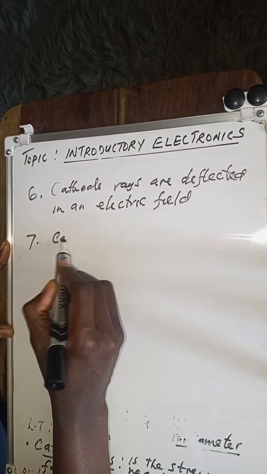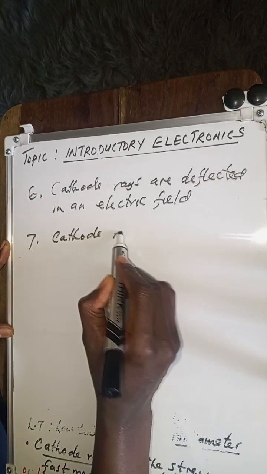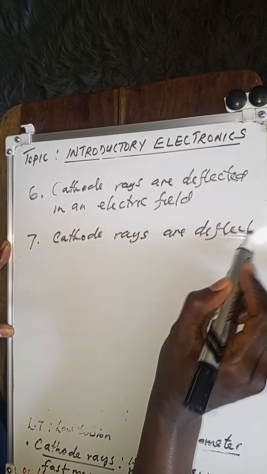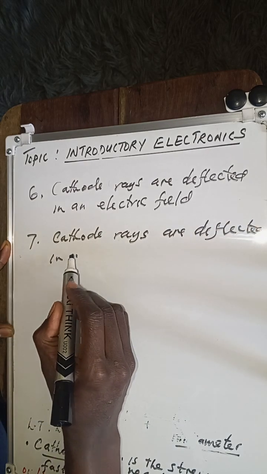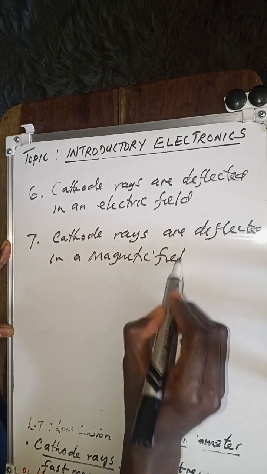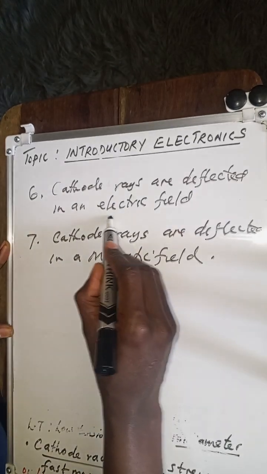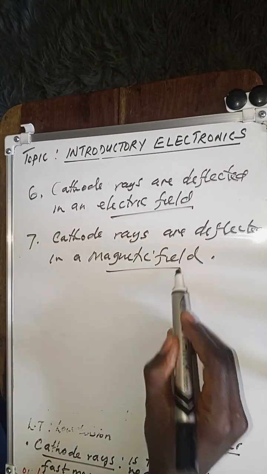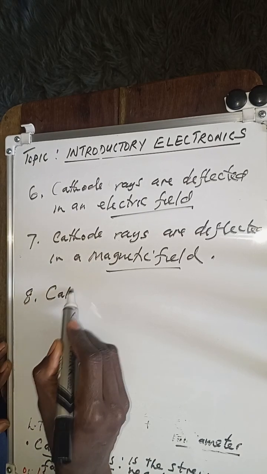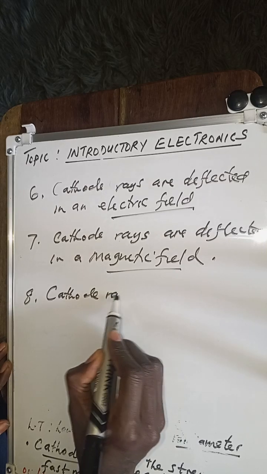Another property is that cathode rays can also be deflected in a magnetic field. Remember, because they are negatively charged, no wonder they can be deflected in an electric field as well as in a magnetic field.